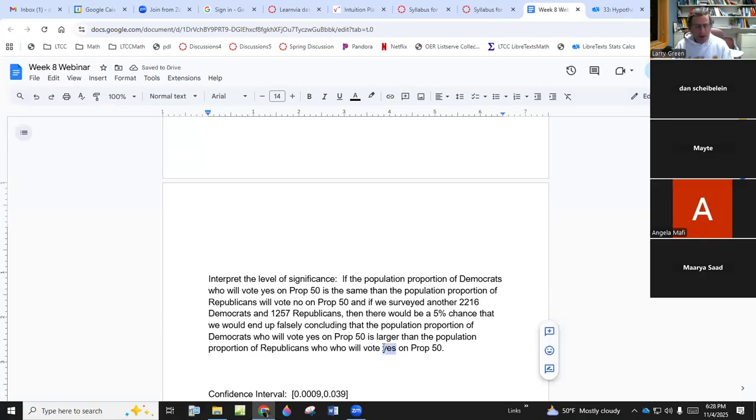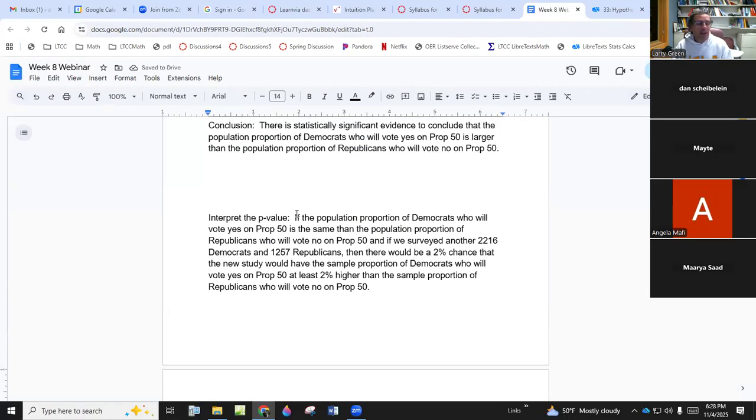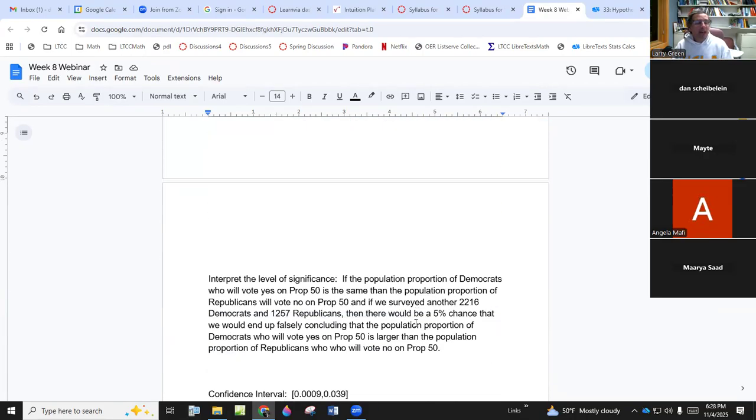So if you remember, if you looked at the interpretation of the p-value, from the beginning all the way up to "there would be a," that will be exactly the same as the interpretation of the level of significance.